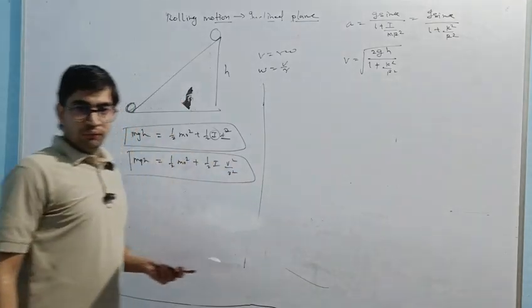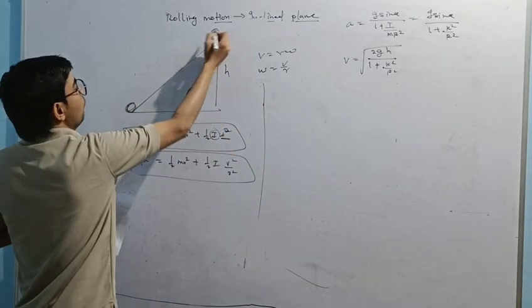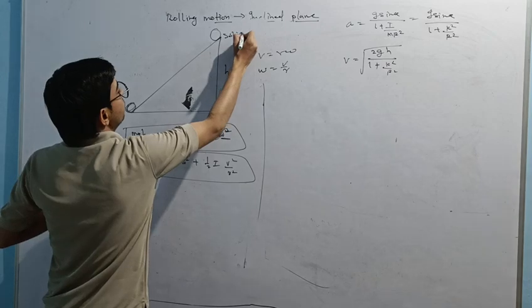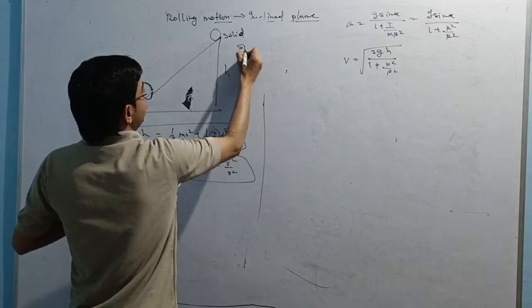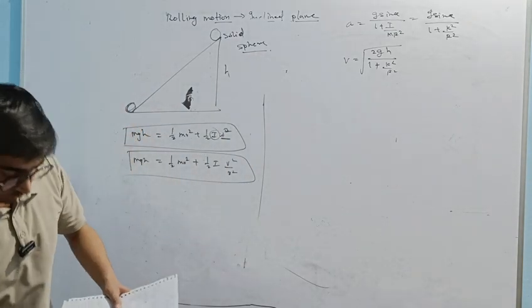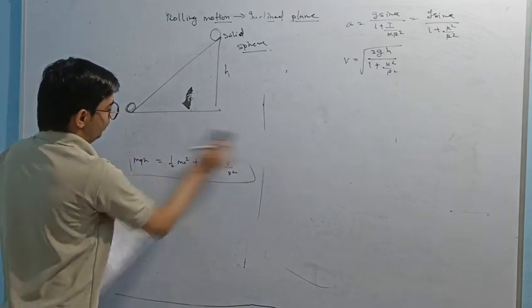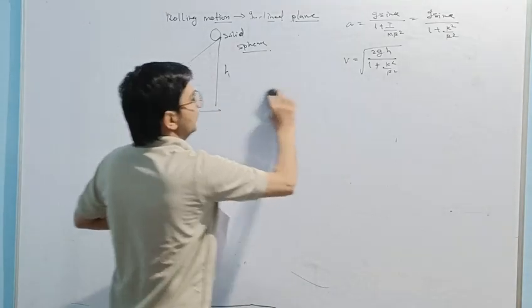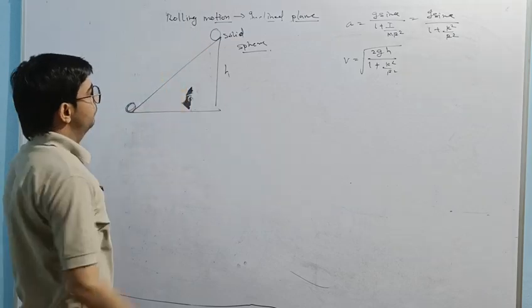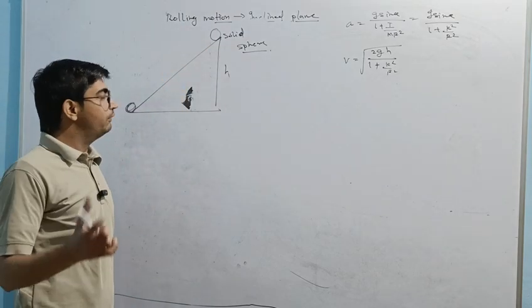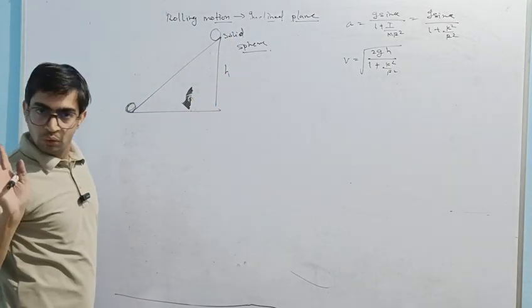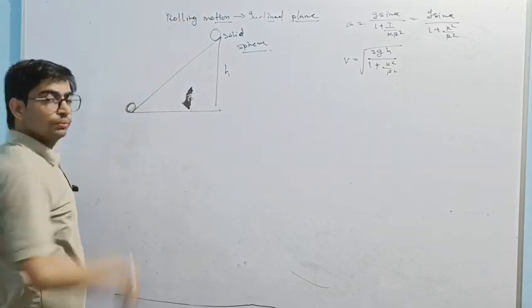What is the ratio of accelerations for a solid sphere, sliding and without sliding, that is, rolling? For sliding there should be no rolling. This surface should be smooth, right?